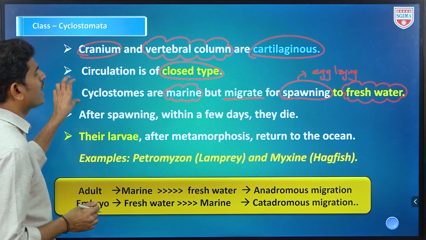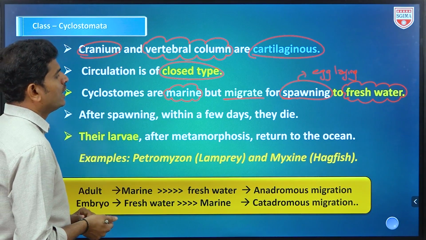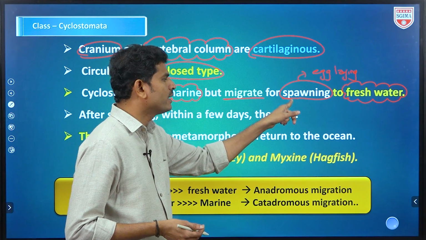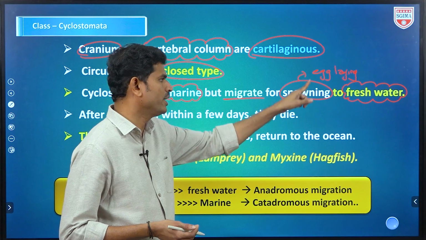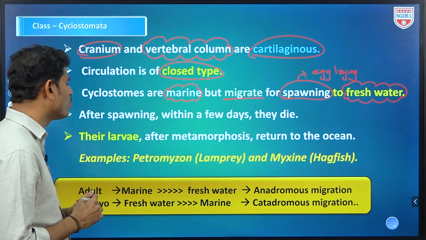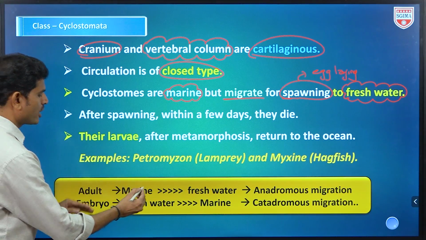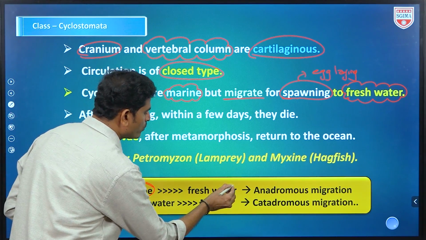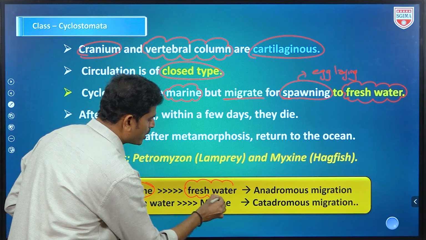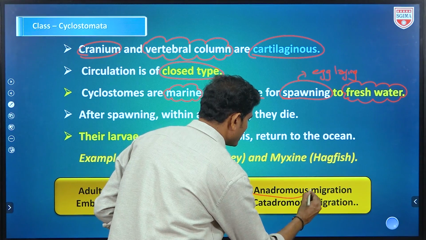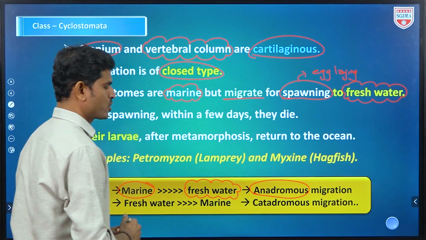Okay, so these organisms are generally marine and they migrate to fresh water during egg laying time, for reproduction. Organisms which migrate from the marine habitat to the freshwater habitat, this type of migration is known as anadromous migration.